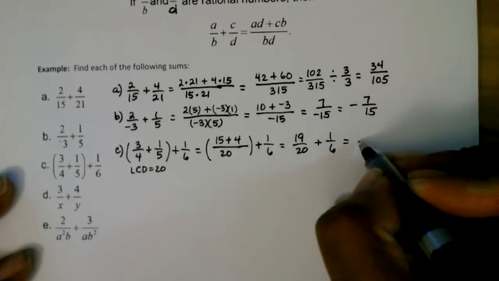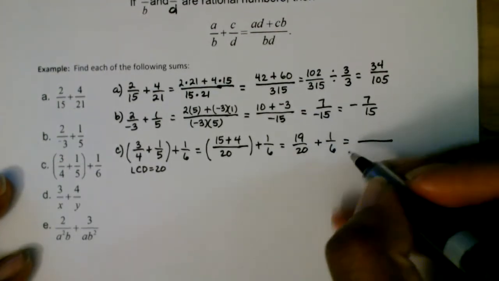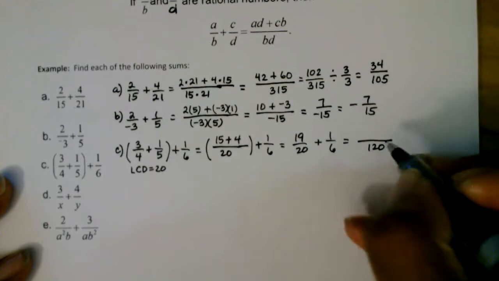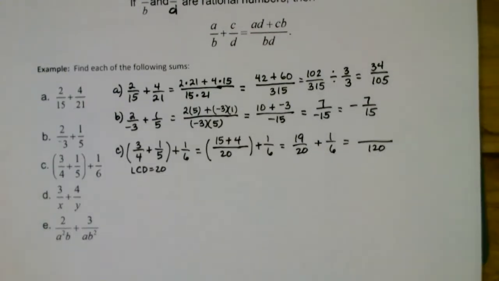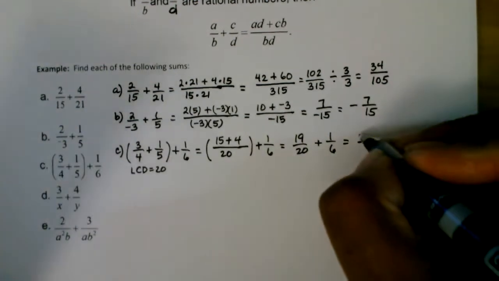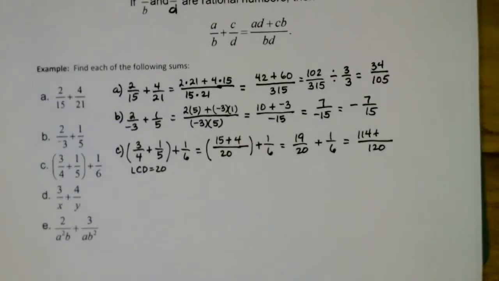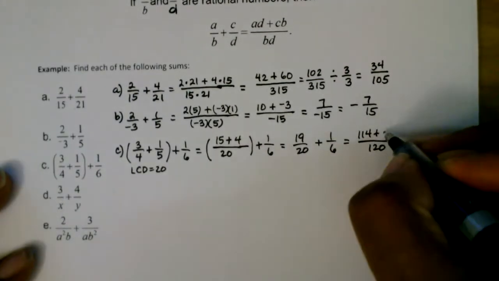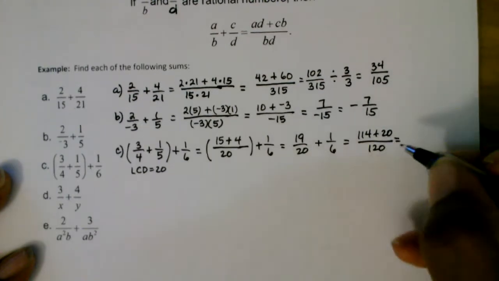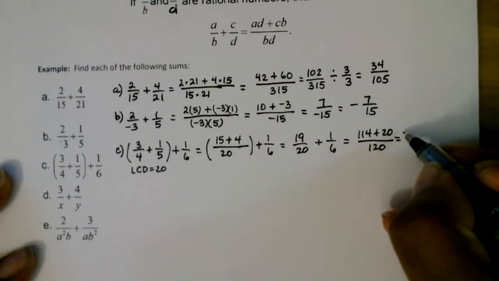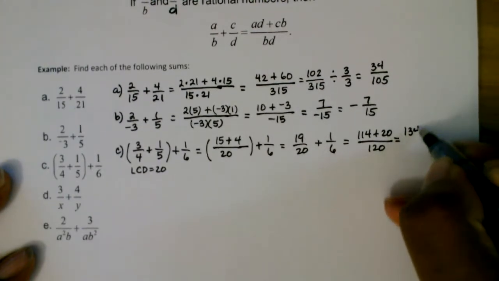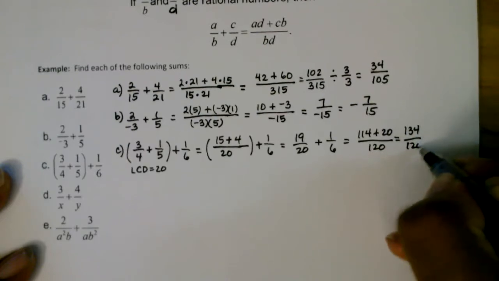For the 20 and the 6, if I multiply 20 times 6, that would be 120. And then cross product with the 19 and the 6. So if I do 19 times 6, I would get 114 plus 20 times 1 would be 20. Add 114 to 20, you'll get 134 over 120.